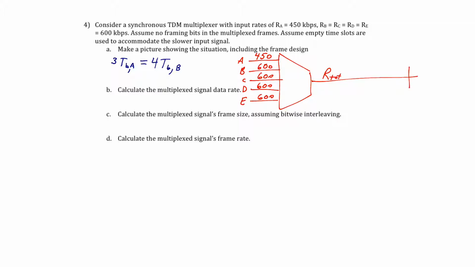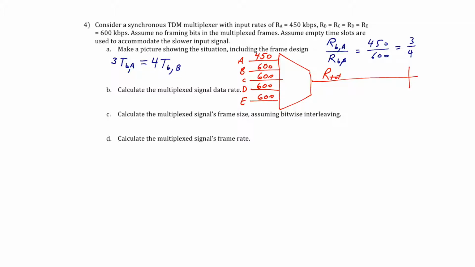So the bit rate for signal A divided by the bit rate for signal B is 450 over 600, which is 3/4, because 3 times 150 is 450, and 4 times 150 is 600.